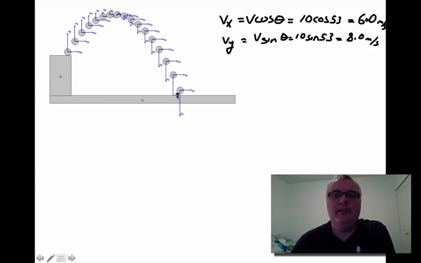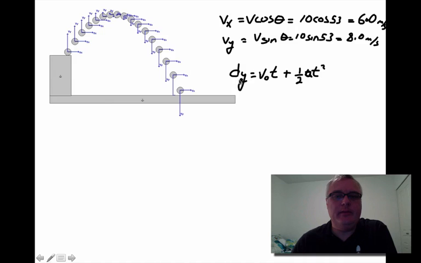So we know the x and the y components, and what we're trying to find is the time. And unfortunately, in the vertical direction, there's no part of this equation that is zero, unlike the previous two types of projectile motion. In the first type, the initial y velocity was 0.